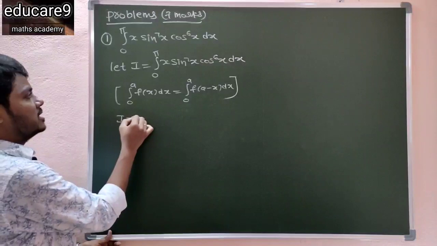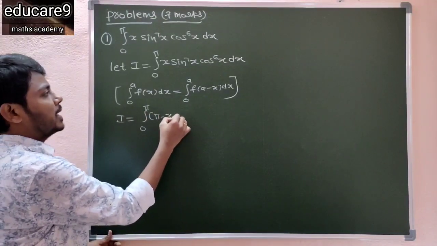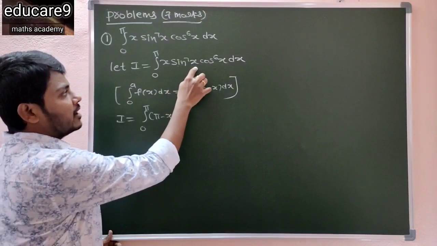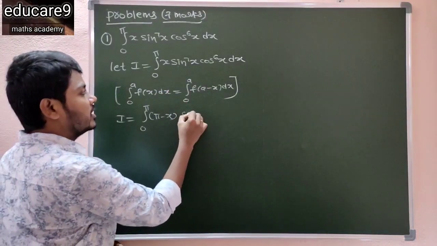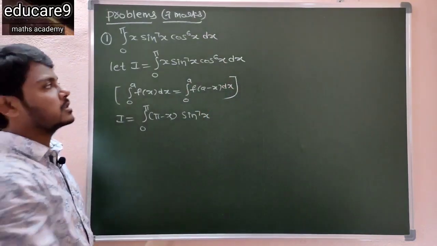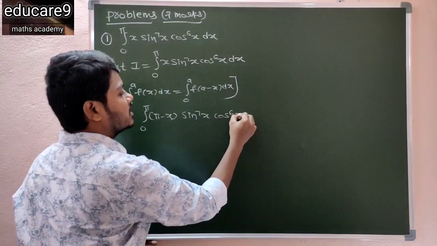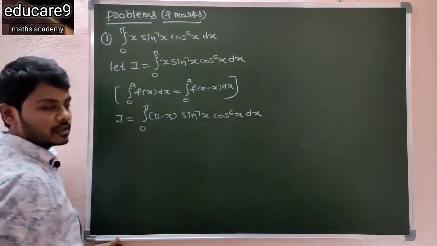Therefore I is equal to the integral from 0 to pi of (pi minus x), sin of pi minus x gives sin x, cos of pi minus x is minus cos x. Since the power is even, again you get cos^6 x dx.